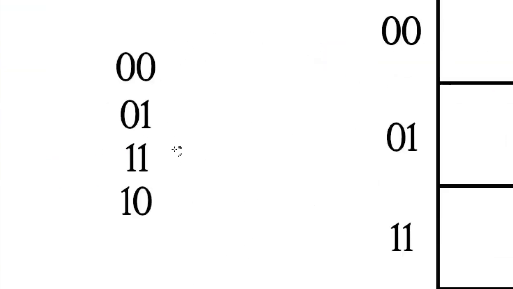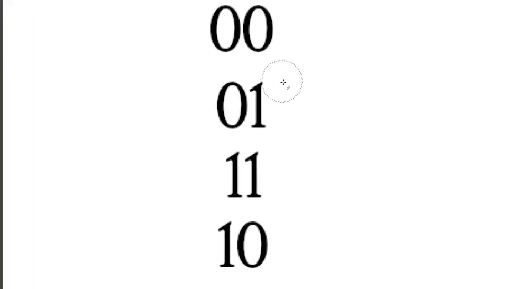So after you write them down, you take a closer look at it, and what you have to do is see if one condition is met, right? The condition is, if the K-map is correct, the numbers should all be able to be coupled together. For example, this is the pattern that's most commonly used. If this is correct, then this 0 should be able to be coupled with this, this 1 can be coupled with this one, and this 0 can be coupled with this 0, right?